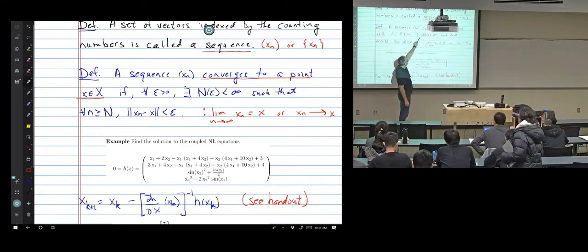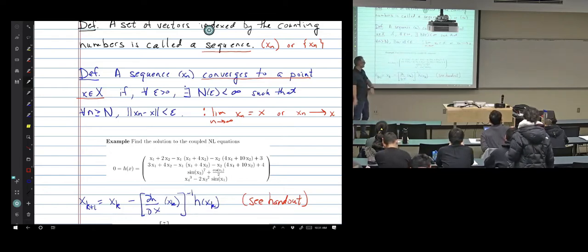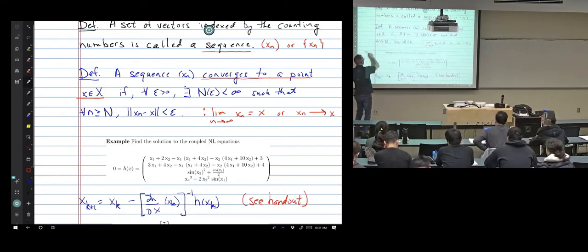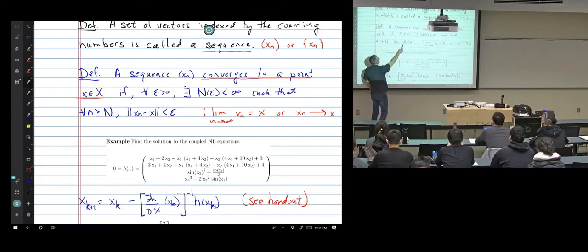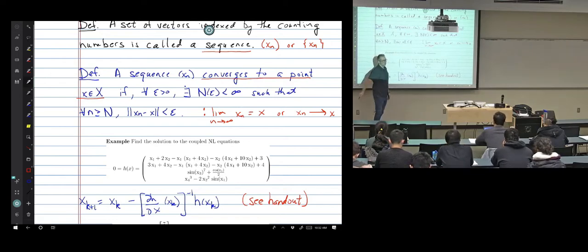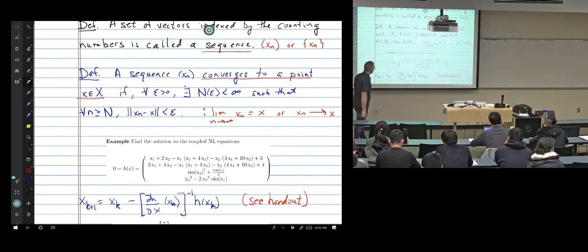I can give you a number that maybe depends upon that approximation error, but it's finite, such that as long as you go out at least that far in the sequence, the approximation between the value of the sequence and the limit is less than the approximation error you gave me, okay? So it's all about getting close. So that's the notion of a limit.